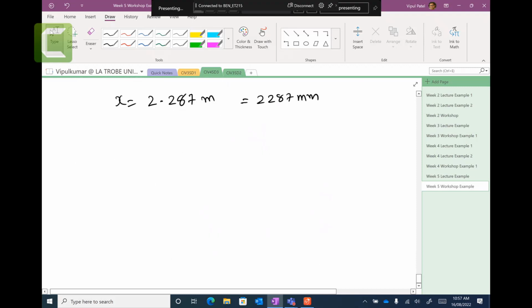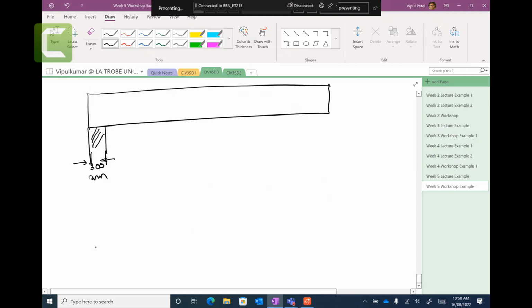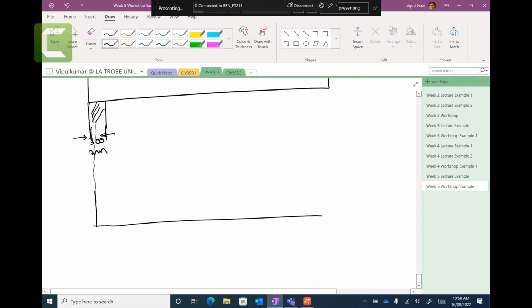So let me draw it up here. I can draw the full picture. You have this beam and you have the support, which is 300 millimeters. And the shear force diagram for this particular region, starting from the middle, is like this.